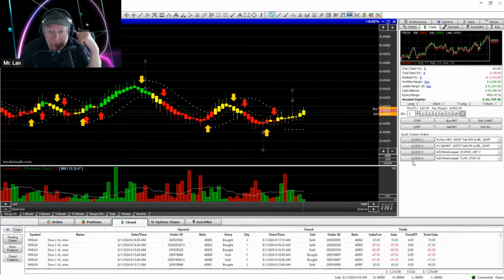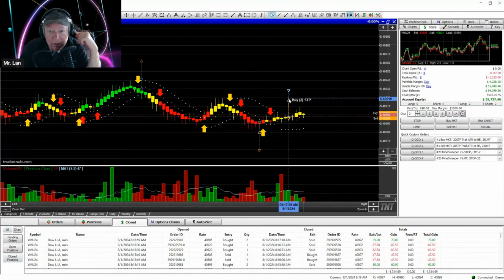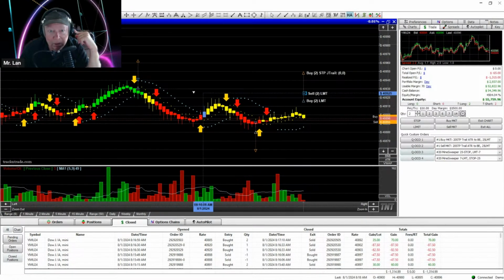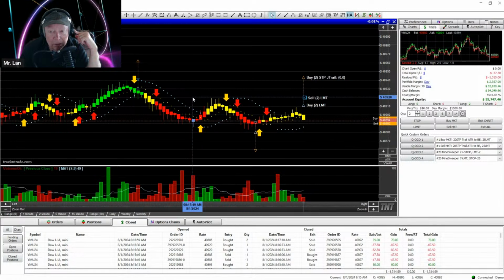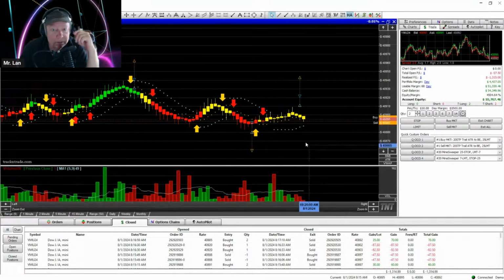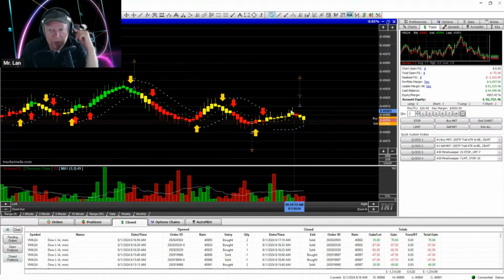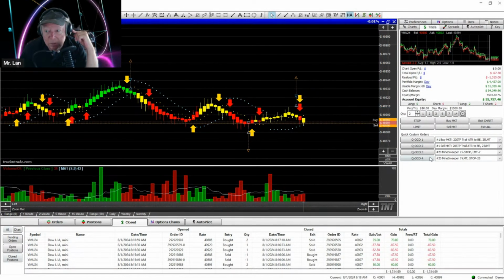Market's slowing down a little bit. I think that I'm going to change my mind on that. I'm going to put that one as a limit order. This one here, that's a limit order. What about this one? Let's make that one a limit order.